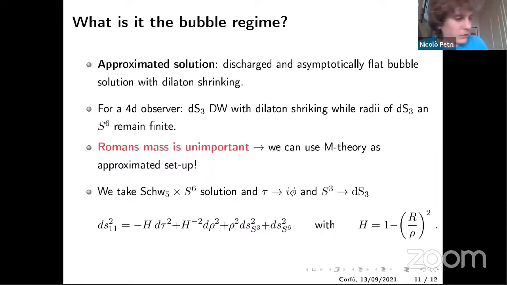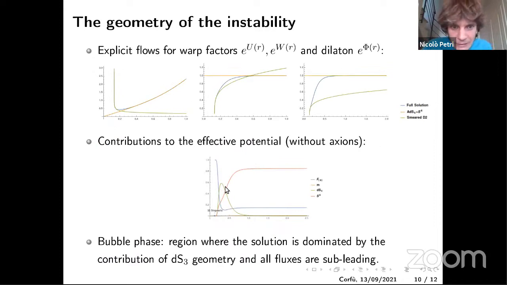There is, just to conclude my talk, another way, maybe more intuitive and suggestive, to understand the physics of this bubble regime. I told you, by looking at this graph, it is clear that all the fluxes in here are unimportant at the level of the dynamics of the solution with respect to the contribution of the geometry of the de Sitter.